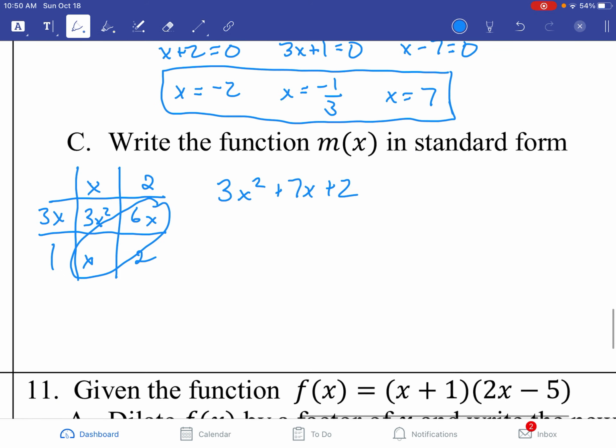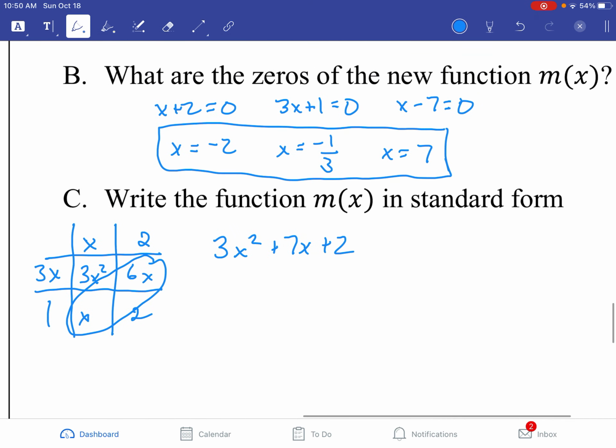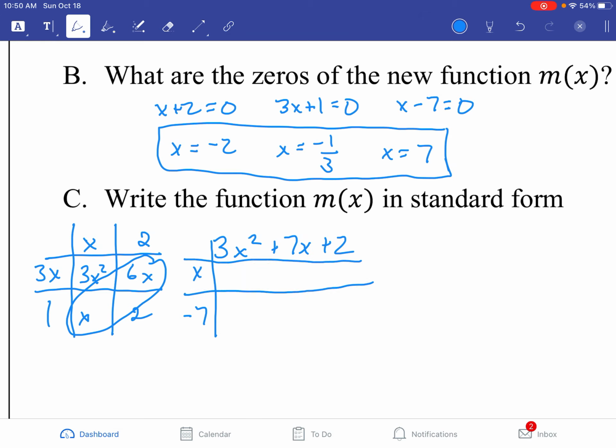One of the reasons we like to do this is because the next step is we still have to multiply by x minus 7. We haven't done that part yet. So we can do the same thing we just did, but now we're going to have x and negative 7, and we're going to do the same boxes, because we're going to have more terms.